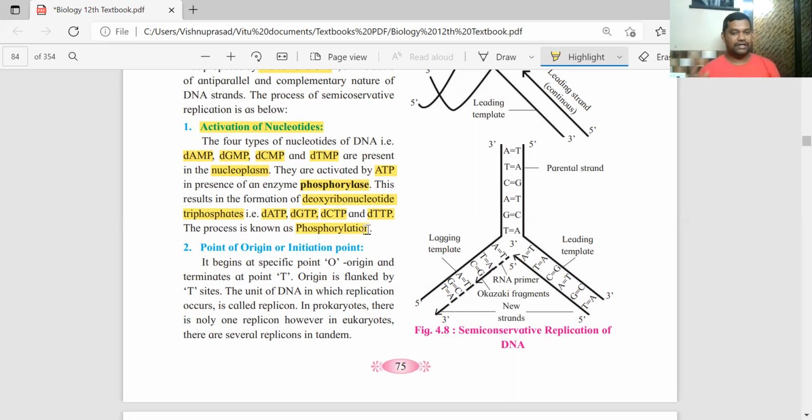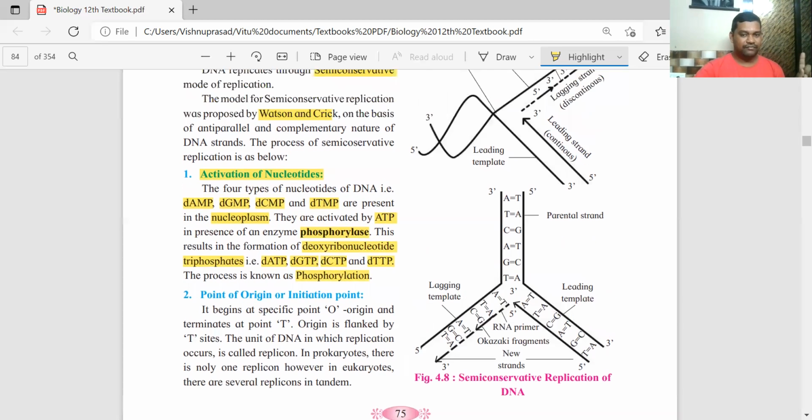Phosphorylation is the first step of DNA replication taking place in the nucleoplasm in the presence of the enzyme phosphorylase and ATP molecule. Okay. So nucleotides. Okay, easy. Got it. All the nucleotides are ready. Understood that? Understood. Step of DNA replication.